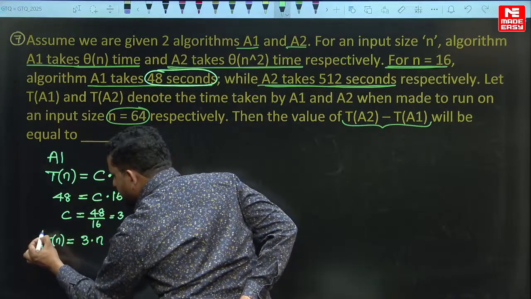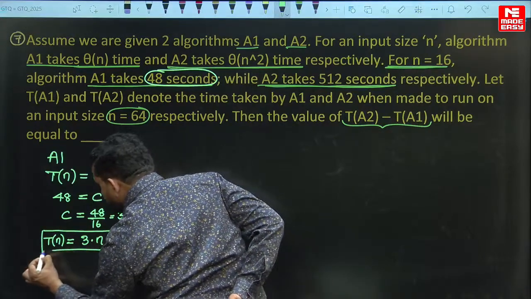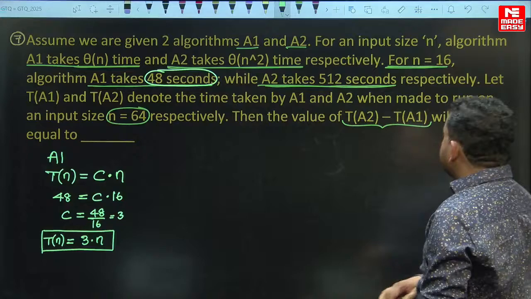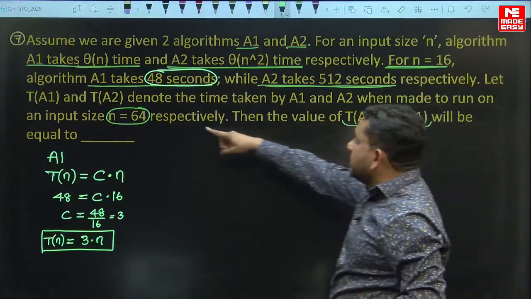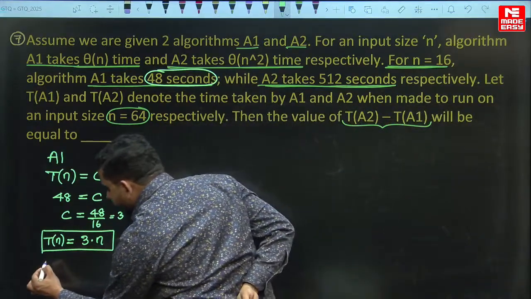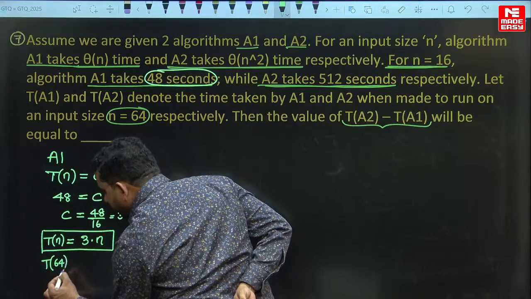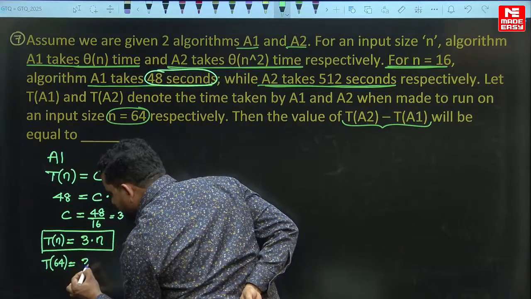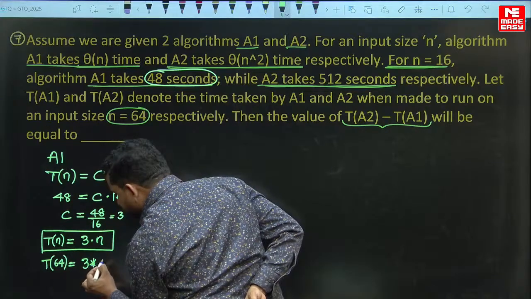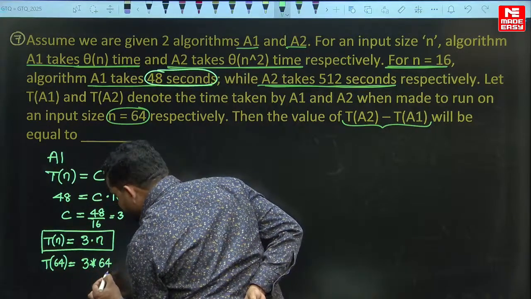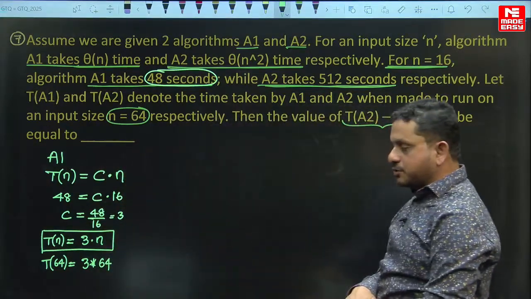If this is the time complexity for the first algorithm, then for input size 64, T of 64, the cost is 3 multiplied with 64.